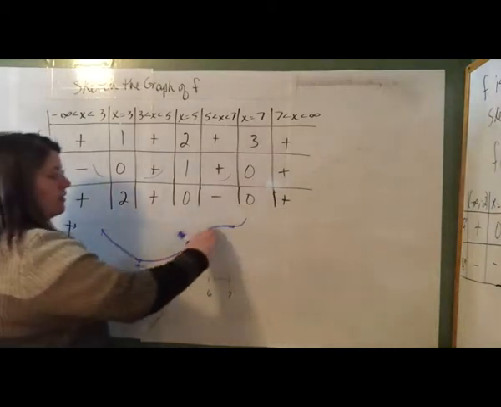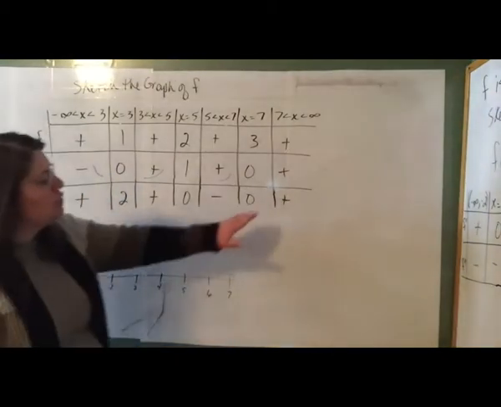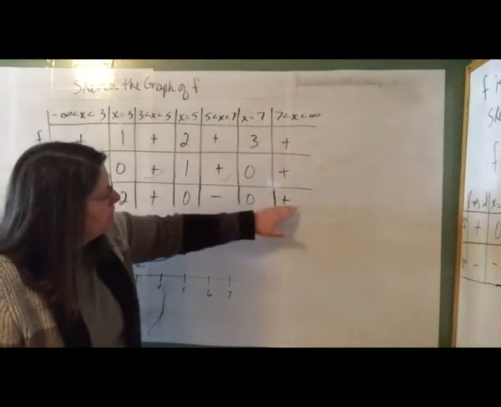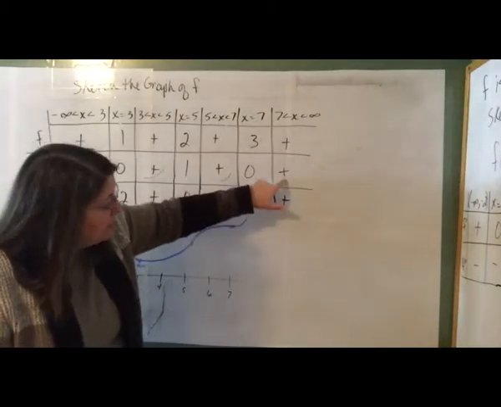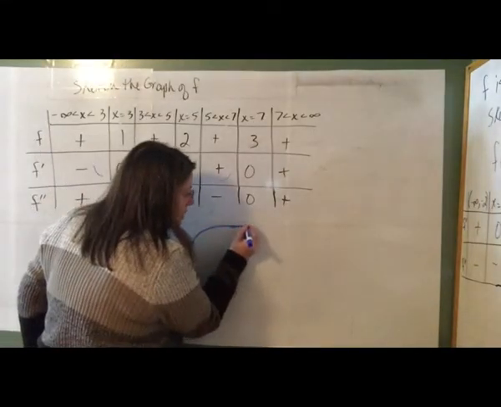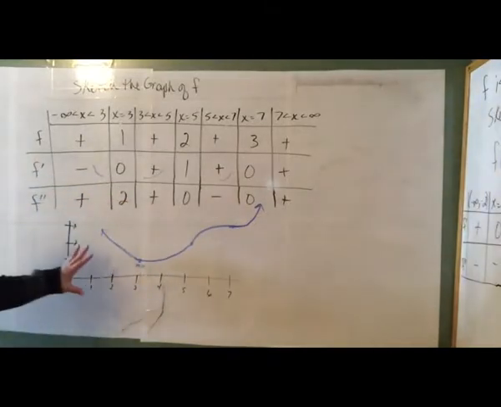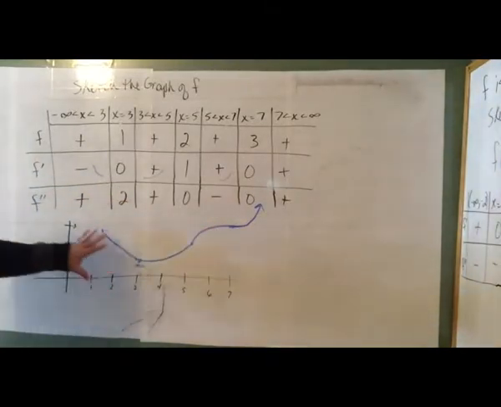It's concave down with a positive slope. And then I'm going to look at 7 to infinity. It's concave up with a positive slope. Concave up with a positive slope is going to be that direction. So there is a good rough estimate of what my graph looks like.